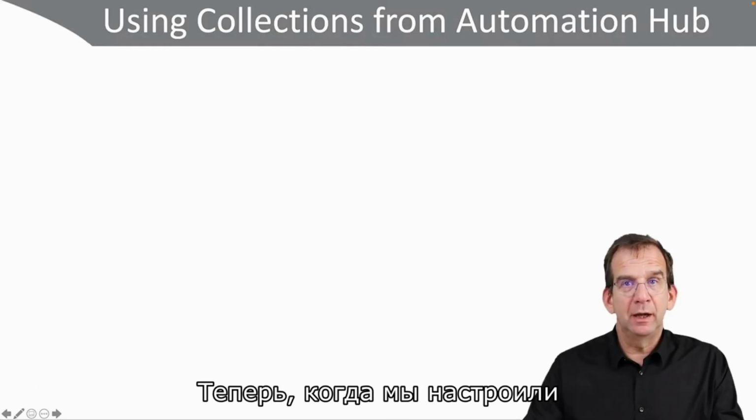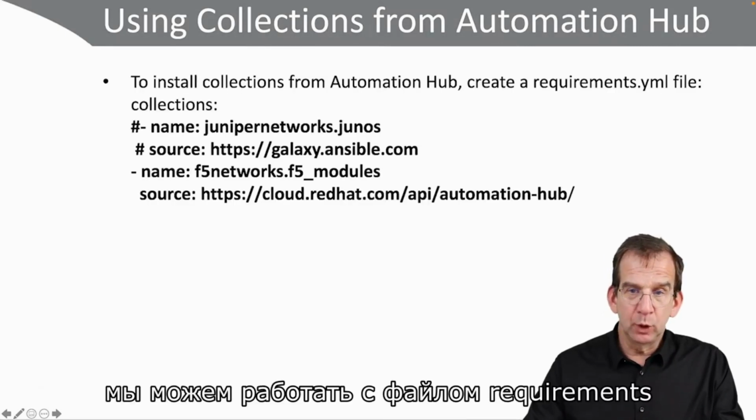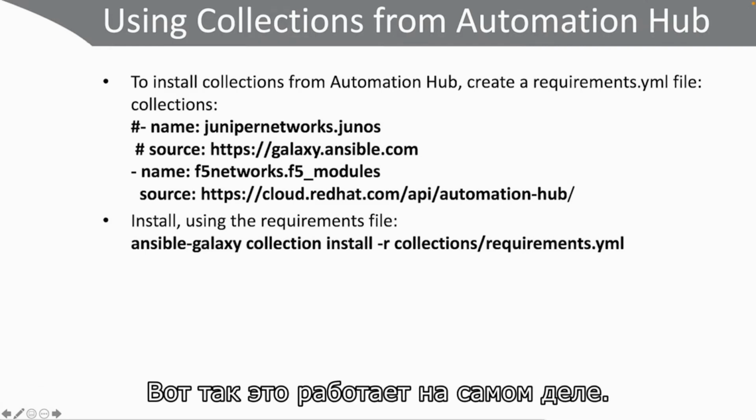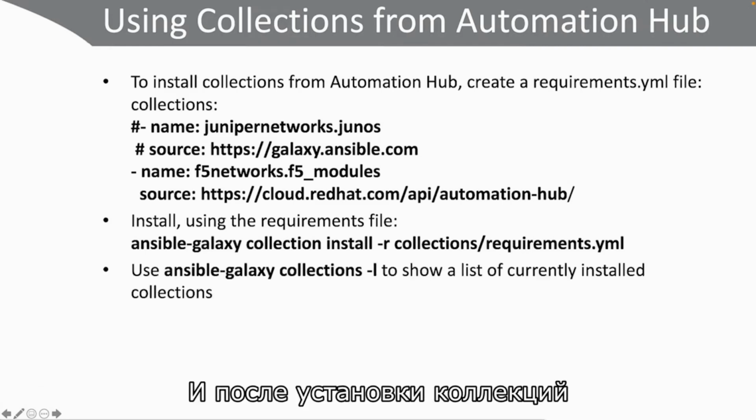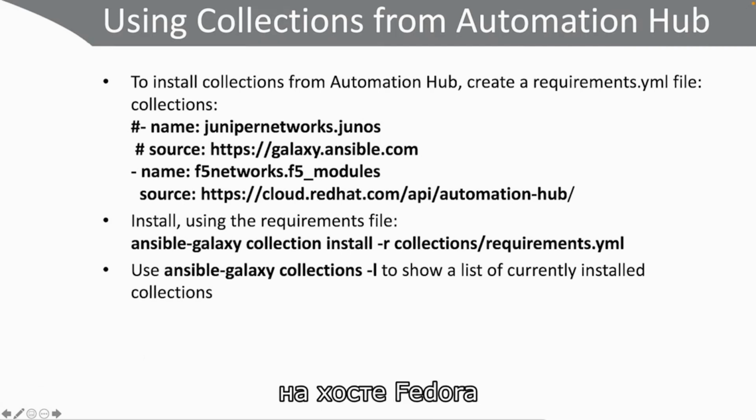So now that we have set up the ansible.cfg, we can work with the requirements file, and in the requirements file you can refer to the Automation Hub. So this is really how it is working. And after installing collections from Automation Hub in this specific way, you have your supported collections as well. Obviously, what I'm doing right here, I'm on Fedora.